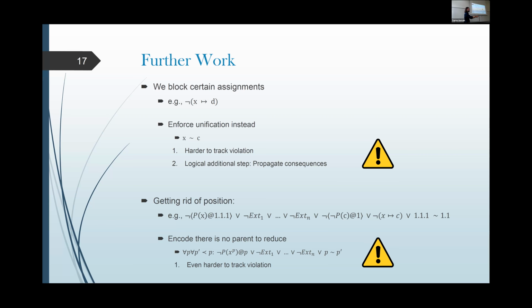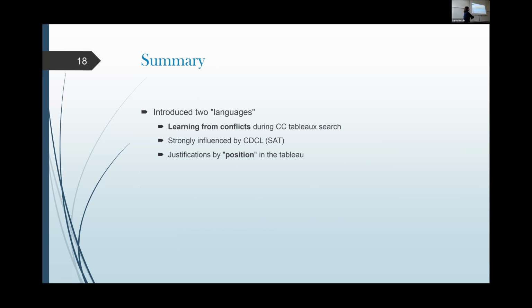Well, we could do this, but it's even harder, because now we have to check a violation of a quantified clause.